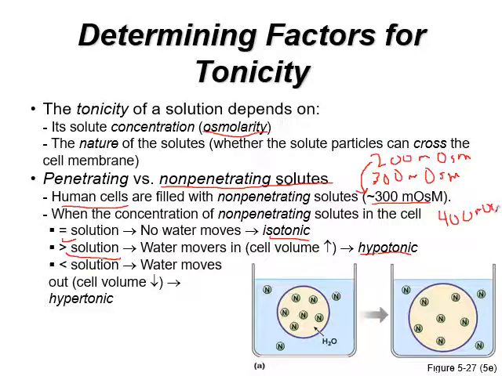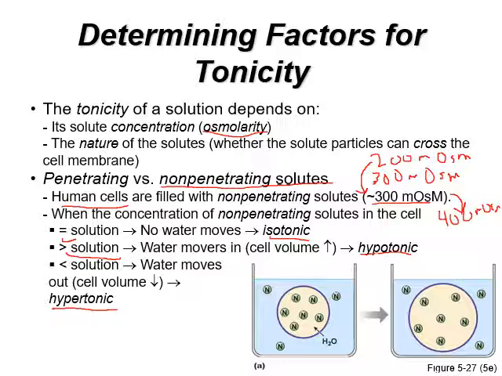So where would the water move in this solution? The water would move from an area of lower non-penetrating solutes to an area of higher non-penetrating solutes. In this case, it's the solution. So water moves out of the cell, and if water moves out of the cell, it's considered a hypertonic solution.